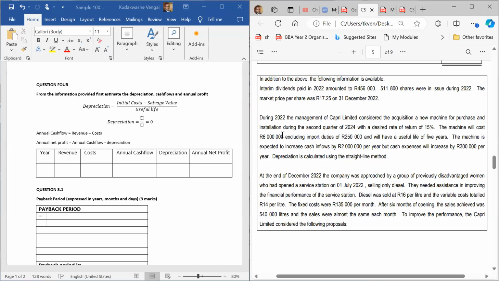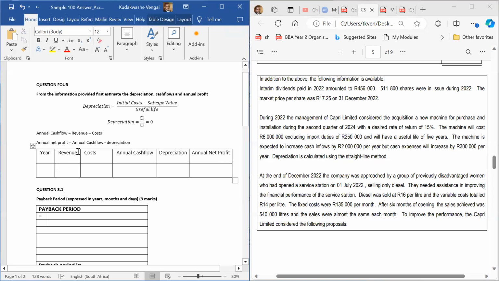The machine will cost 6 million, excluding import duties, and have a useful life of 5 years. The machine is expected to increase cash inflows by 2 million per year, but cash expenses increase by 300,000.